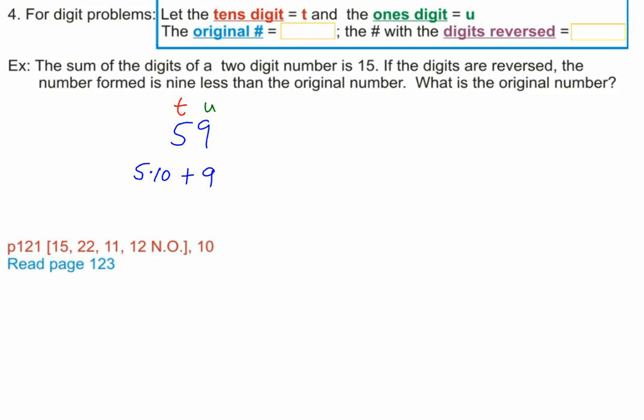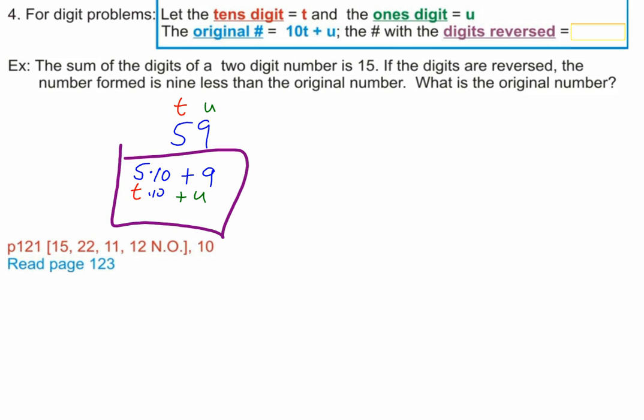How do you get the number? It's usually called the original number. Well, what did I do right here to get 59? I took the tens digit and multiplied it times 10 and added to it the ones digit, right? And that's why the original number is 10t plus u. 10 times the tens digit plus the units digit.